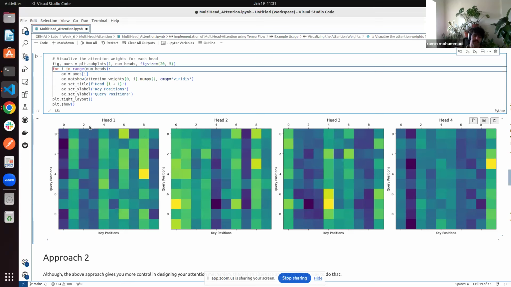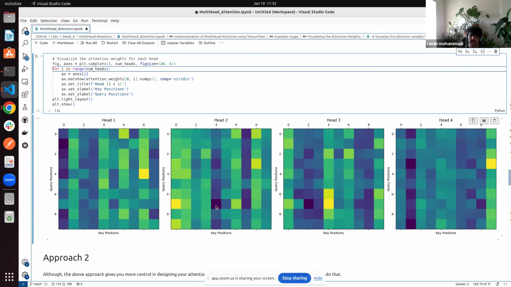On head 1, for example, location 1 attends maybe to itself more than the other ones. The color grading here stands for the attention weights, whether higher or lower. What's important to notice is that when you compare head 1 to head 2 to head 3 to head 4, the attention weights are different.